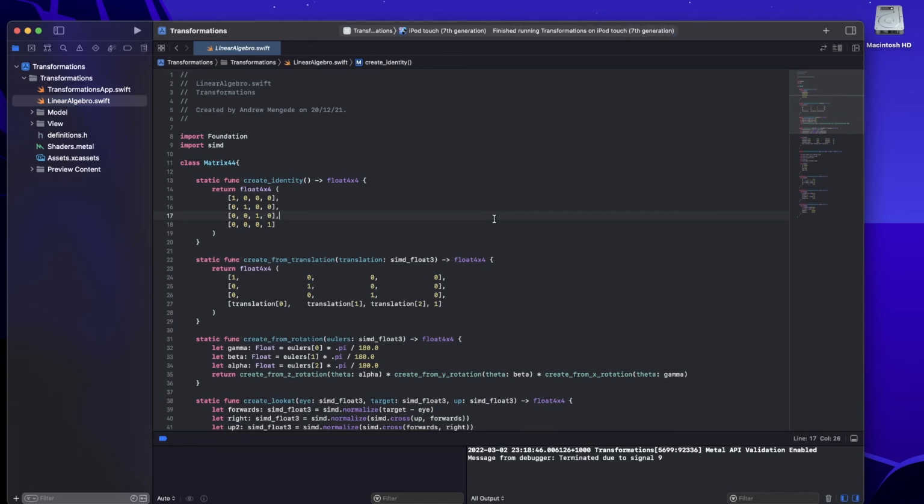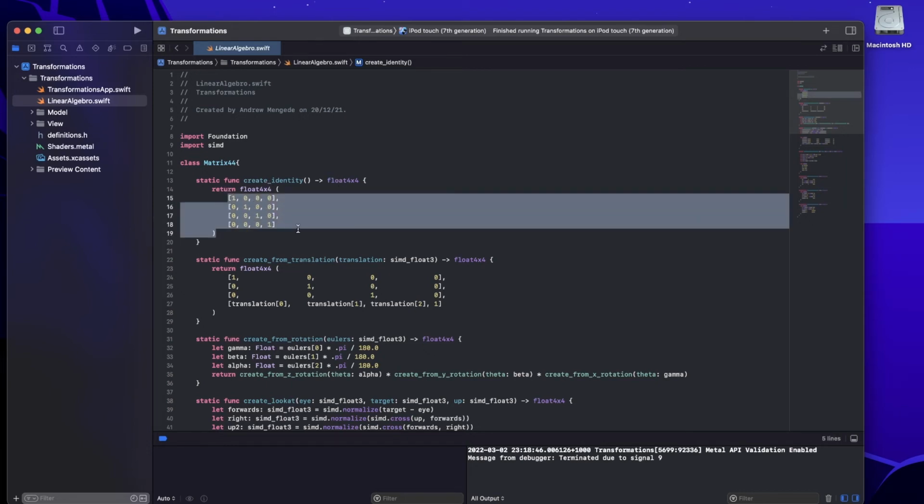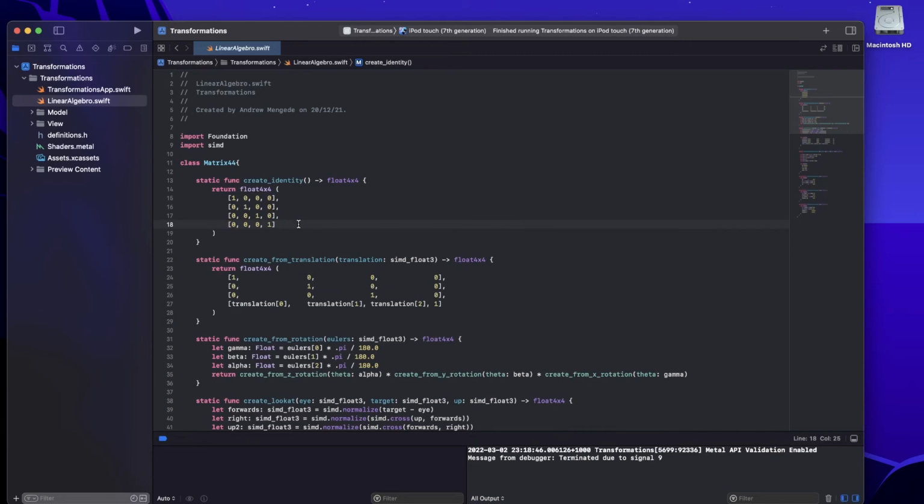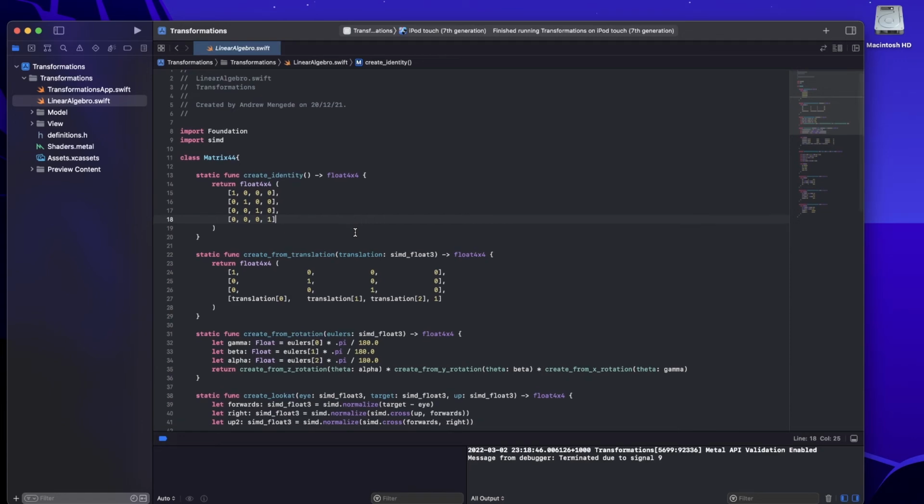So I'll just step through this super quickly. We have this identity function. And this pretty much lines up with what I discussed earlier. Because remember, when we take the transpose of an identity, because it's symmetric, the transpose won't change it. If we look at translation, that does look different because it's been transposed.